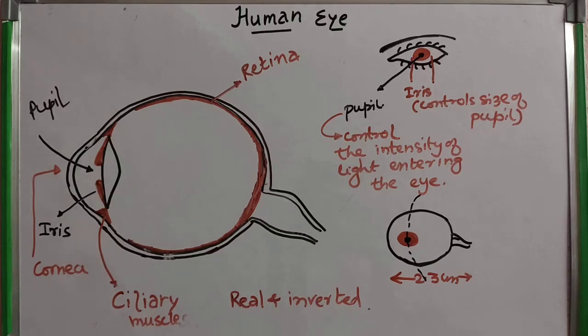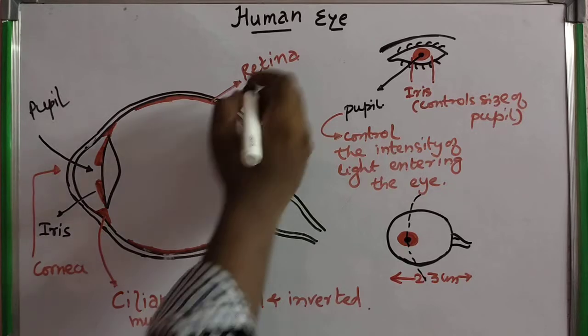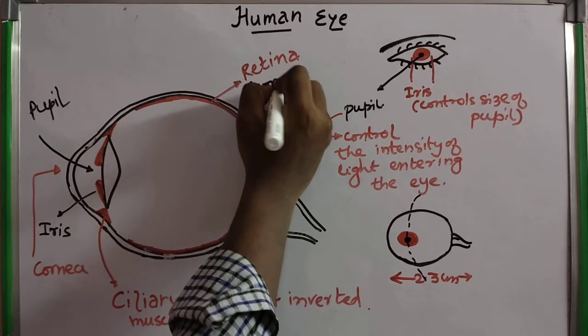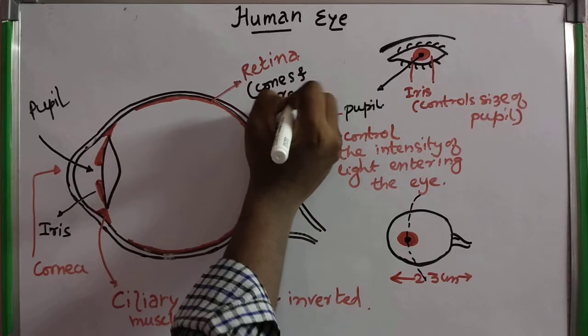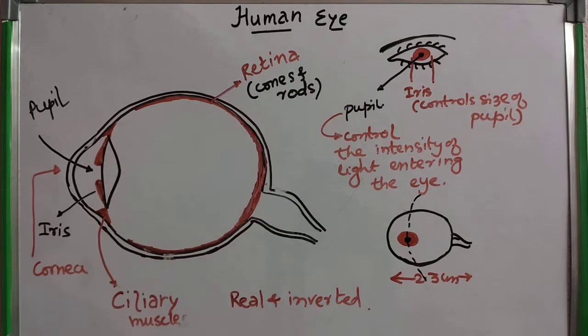The retina consists of light sensitive cells. What are those cells? Those cells are cone cells and rod cells. Cone cells are in the shape of cones, rod cells are in the shape of rods, hence their names. Cone cells are color sensitive and rod cells are light intensity sensitive.